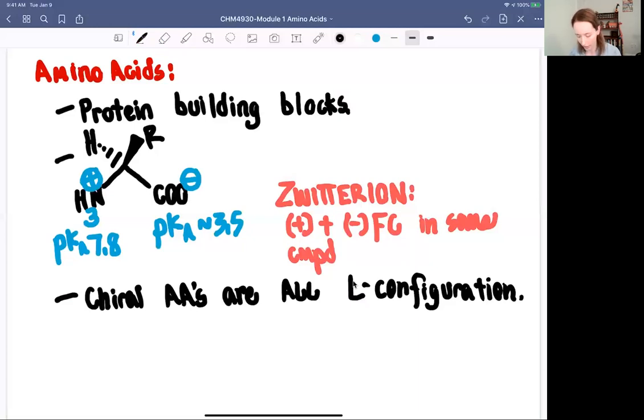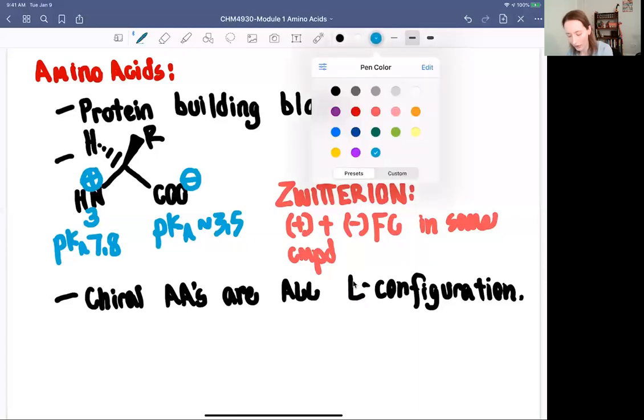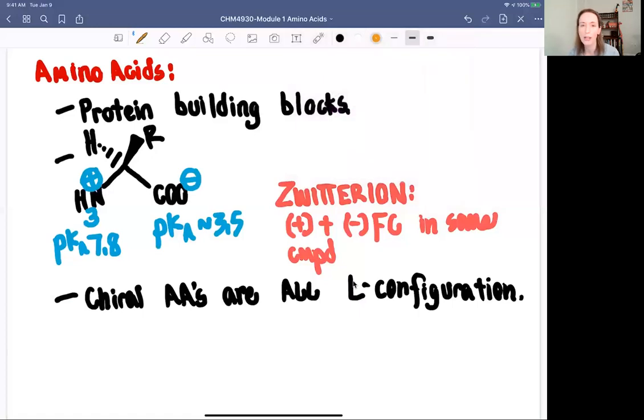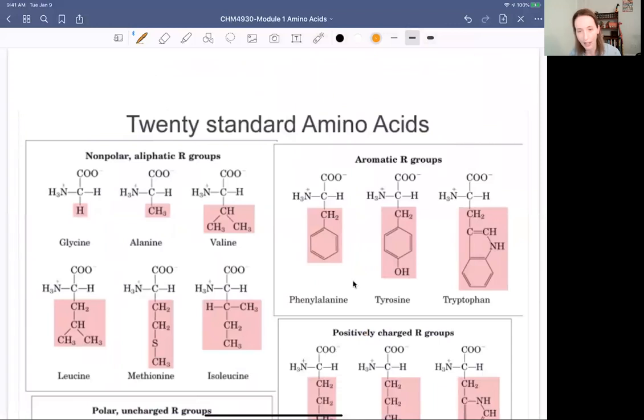Of the 20 standard amino acids, I mentioned here that the chiral amino acids are all the L configuration. There is one amino acid, though, that is achiral, that is neither L nor D because it doesn't have any chiral centers. And that amino acid is glycine. Glycine is the simplest amino acid. It is achiral. And we can take a look at the structure of that if we go to our amino acid slide here.